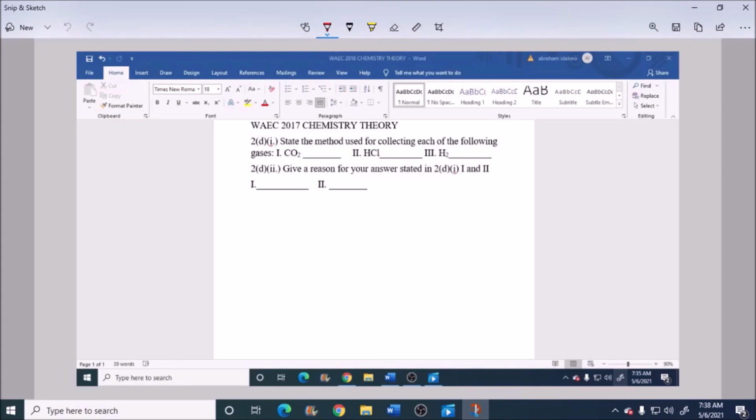Then 2D Roman figure 1. You need to be intelligent, you need to be able to do things. So we are asked for the method used for collecting carbon dioxide.